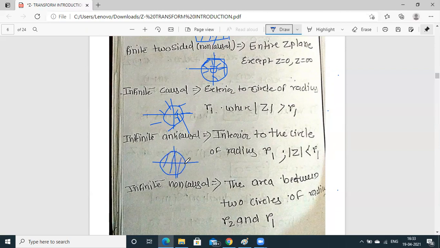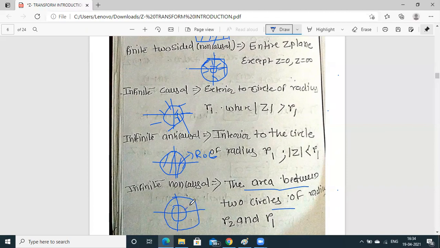So all the area inside the circle is the ROC. For infinite non-causal signals, the ROC is the area in between two circles of radius R2 and R1. This is the circle of radius R1 and this is the circle of radius R2.